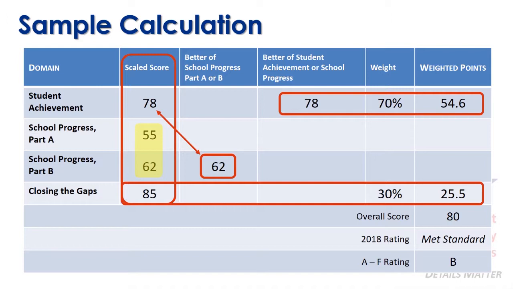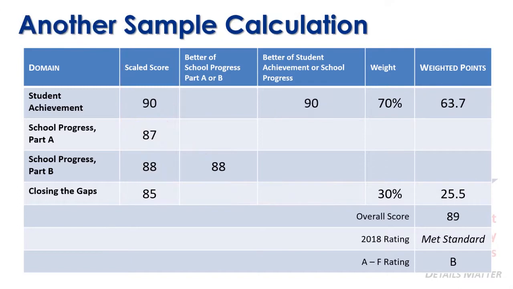But that B rating is, you guessed it, flawed. For one thing, with this campus, that B rating hides a grade of F on School Progress Part A and D on School Progress Part B. For another thing, let's look at a different campus.